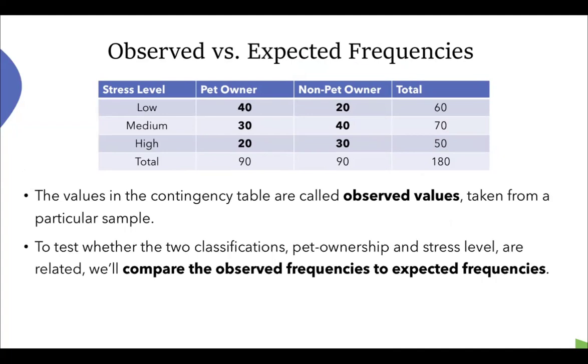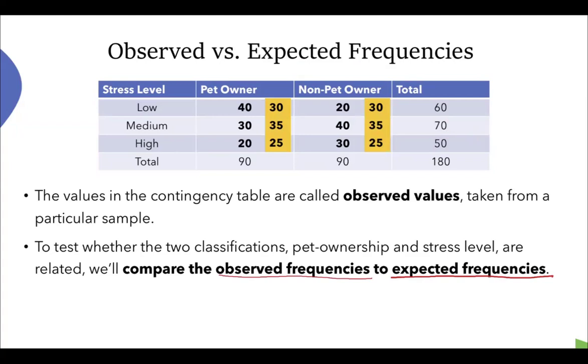To test if our two classifications, pet ownership and stress level, are related, we want to compare the observed frequencies in the contingency table to the expected frequencies that we just calculated in the previous slide. Those are these expected frequencies.